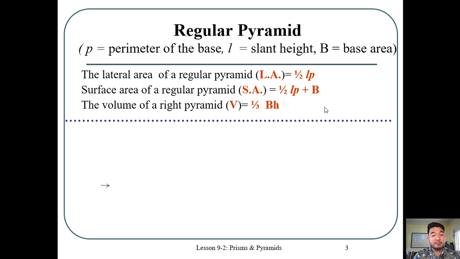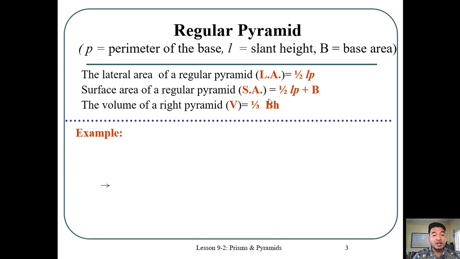The volume of a right pyramid is defined as V equals 1/3 of the area of the base times the height. So what height are we talking about here? We are talking about the altitude of the pyramid, not the slant height.